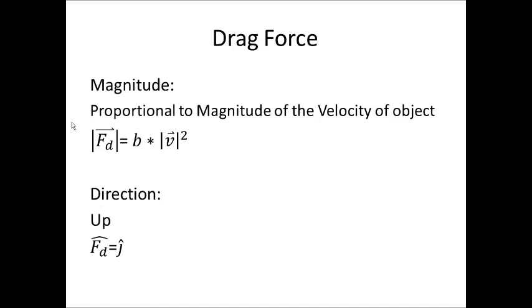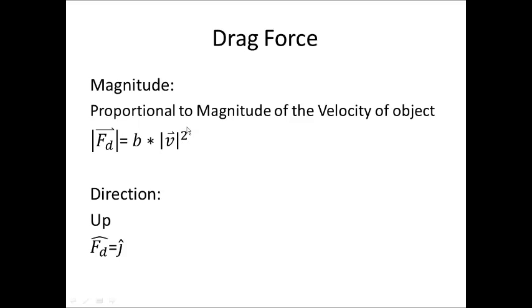Next is the drag force, or the air resistance. To find the magnitude of the drag force, you have to know that it's proportional to the magnitude of the velocity of the object. But for this lab, we use the turbulence drag force. So the magnitude of the drag force is equal to b, which is a constant, multiplied by the magnitude of the velocity squared.